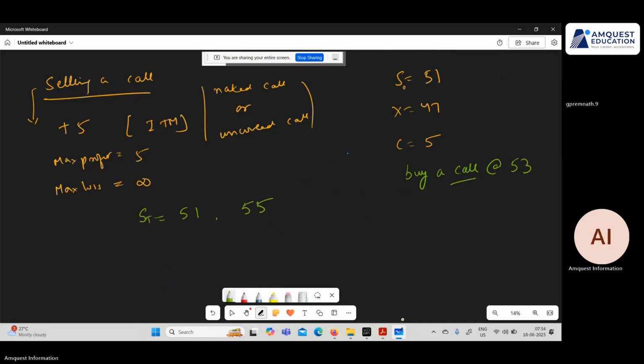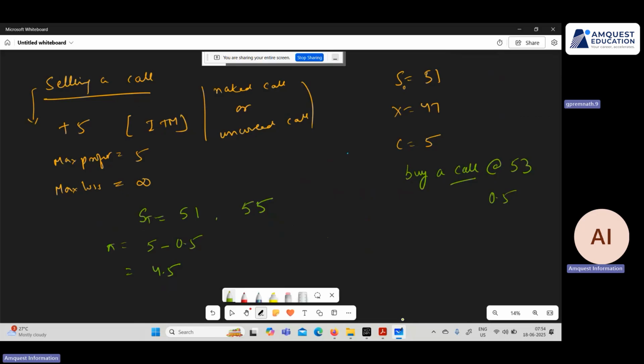At 51, you won't execute the call that you bought at 53, right? So you will earn the 5 rupees because you sold the call option, 5 rupees minus the premium you paid to buy the call at 53, which is 0.5, so 4.5. And over here, it'll be minus 4. What is minus 4? The loss you've made on the call option.